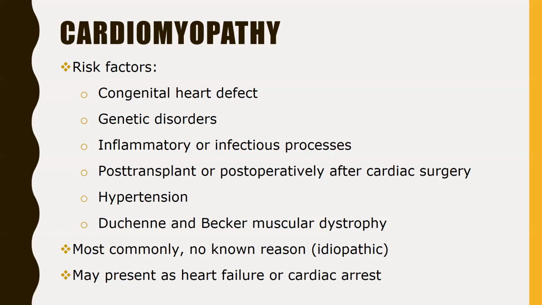When we get a history on these kiddos, not only do we want to look for any of the risk factors, but we also want to look for a history of respiratory distress, fatigue, poor growth, chest pain, dizziness, syncope. We want to look for extremity edema and abdominal distension, note any increased work of breathing.